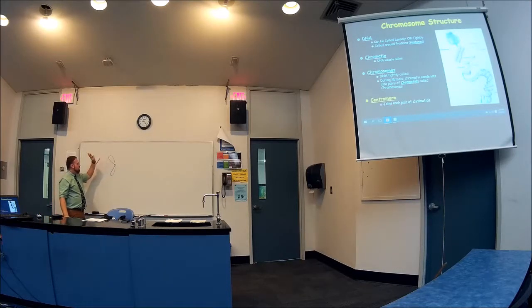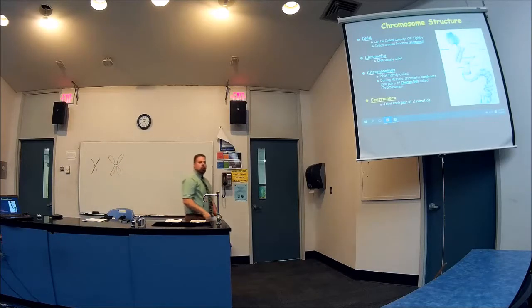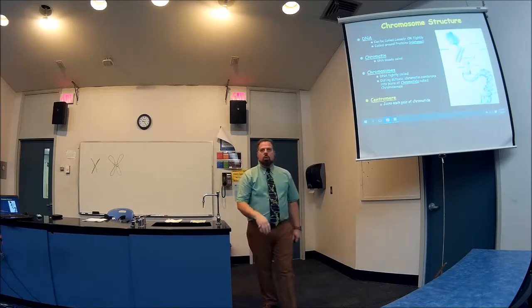So you'll learn about these in another class. You've got a short arm and a long arm. But that's one chromatid that is connected to a centromere. And then you'll have another centromere here with another chromatid over here. So this was something you originally got from mom, this one you got from dad. All right? Does that make sense?